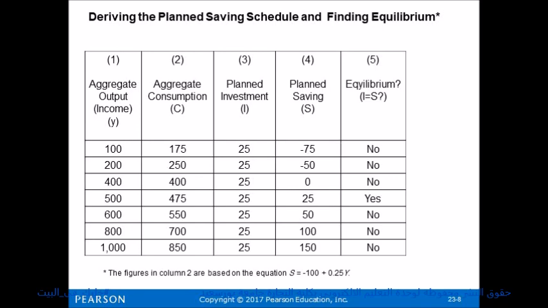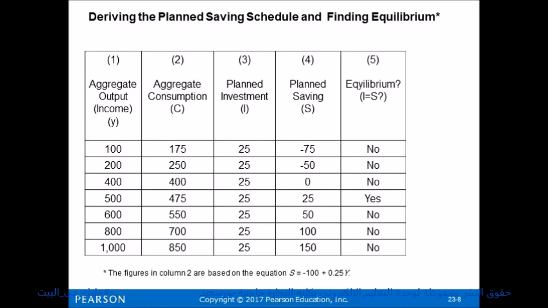As you can see from the table, we have two pieces of information. The first is given by column 1 and 2, giving us the consumption function, and column 1 and 4 gives us the corresponding saving function.